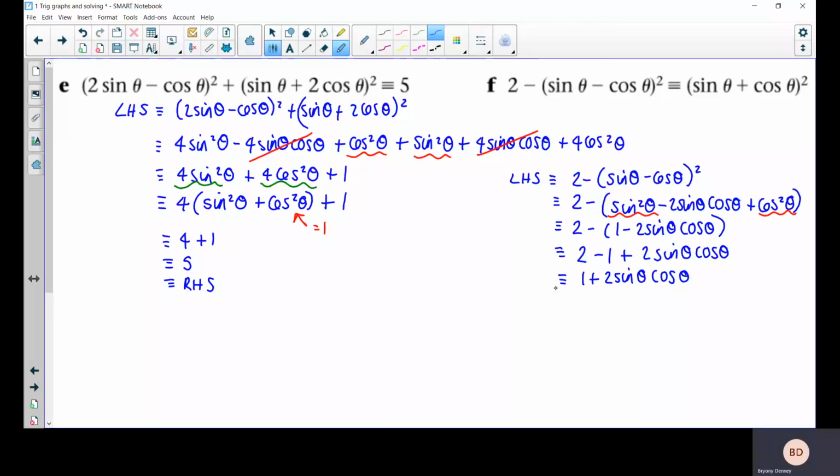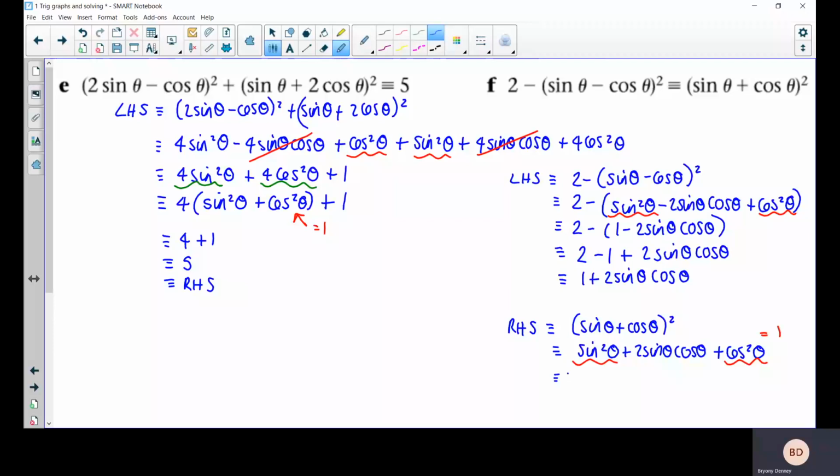Well, I can still manipulate the right-hand side. So let's start with the right-hand side, and expand. I've got an identity here, sine squared theta plus cos squared theta equals 1.